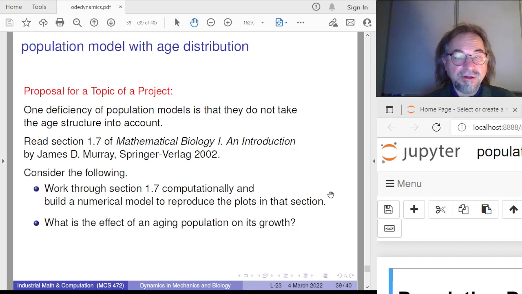And then the question is, what is the effect of an aging population on its growth? At first one might think, can one just adjust the growth rates? But the model is more advanced than this.